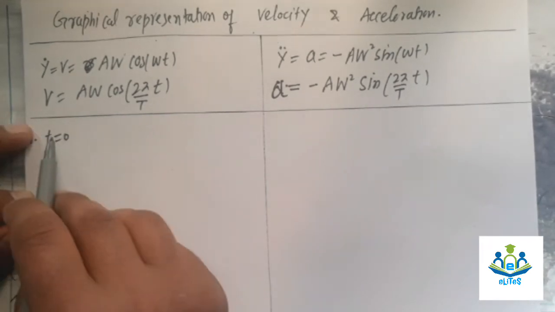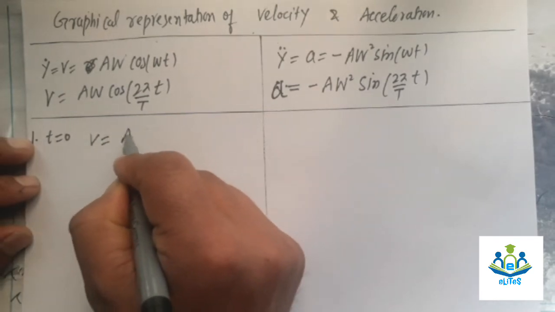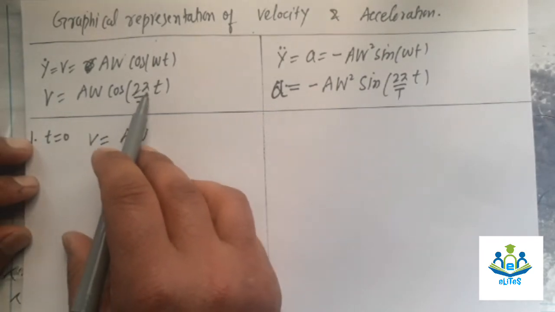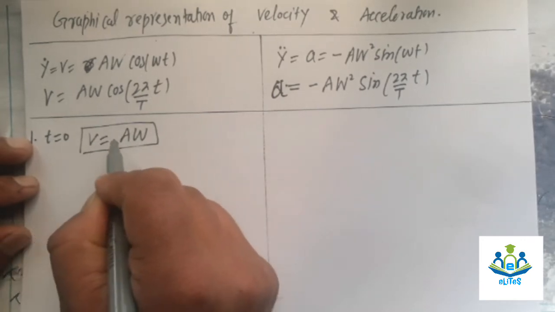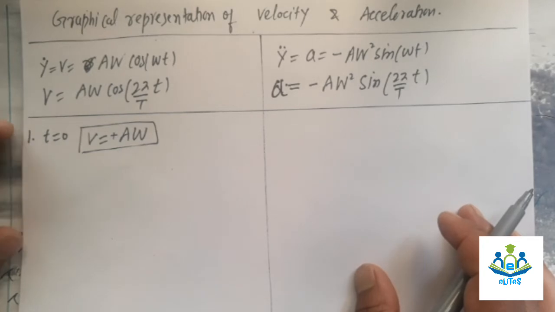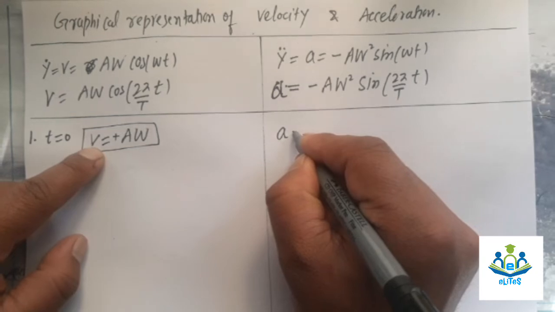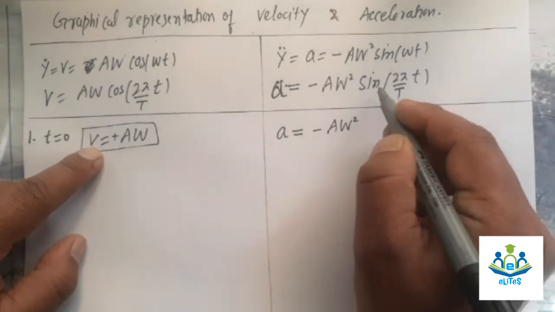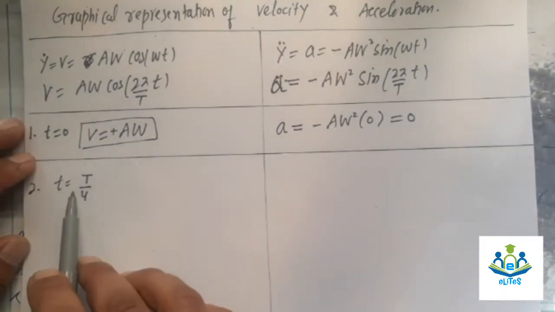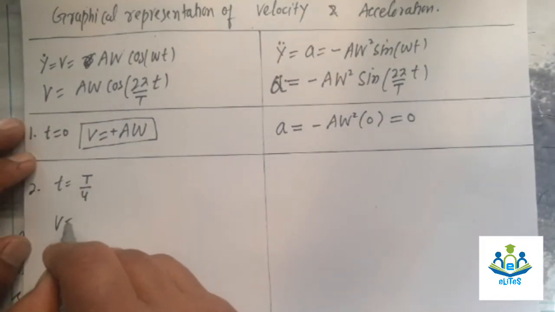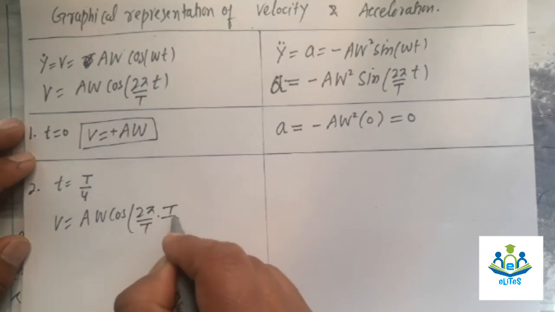So let's go. When time is 0, when it is at mean position, then v will be equal to a omega, because cos 0 is 1, so it will be maximum. So when time is 0, the particle at its mean position will have maximum velocity. And here, it's minus a omega square sine 0, and sine 0 is 0, so it will be 0. Okay. When time is T/4, v will be equal to a omega cos of 2 pi by T times T/4.